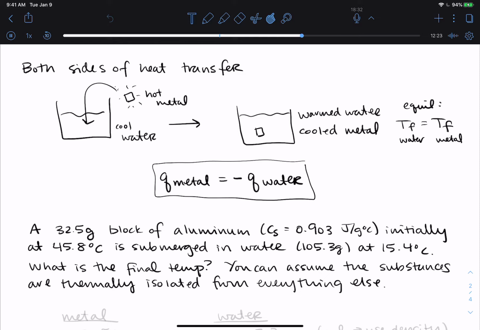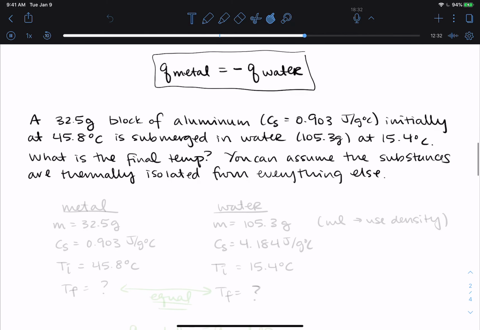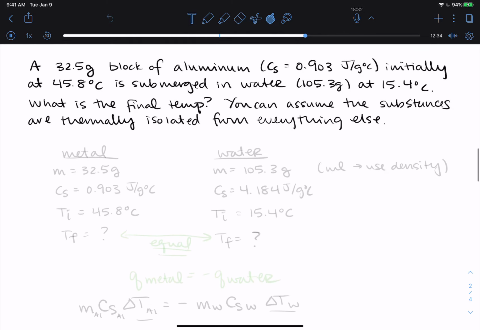So let's do an example for this one. This example says a 32.5 gram block of aluminum, for which we're given the specific heat capacity, initially at 45.8 degrees Celsius, is submerged in 105.3 grams of water at 15.4 degrees Celsius.